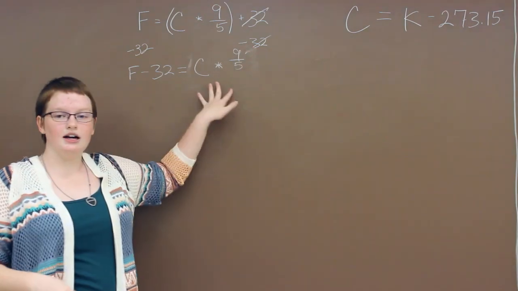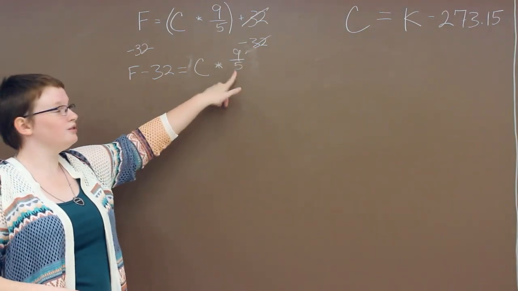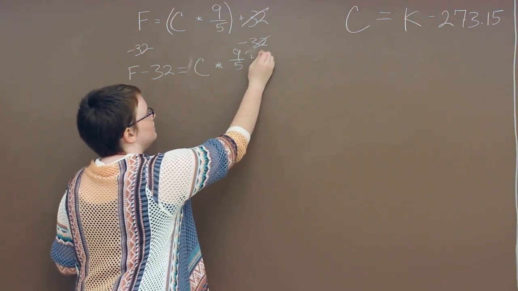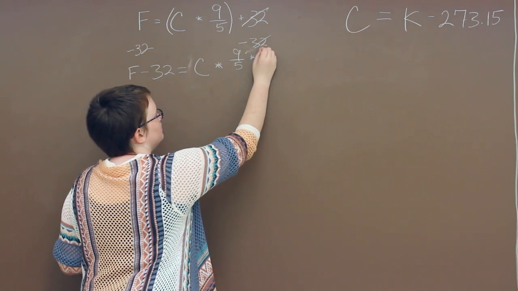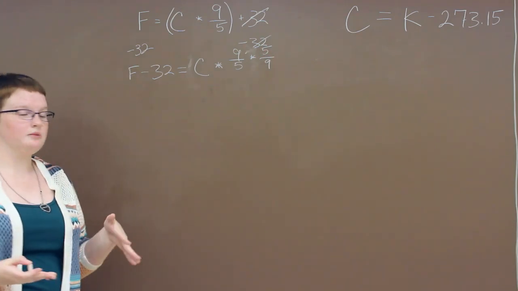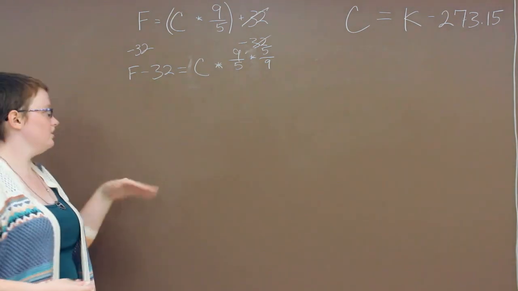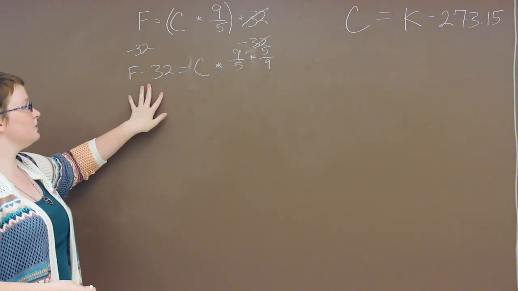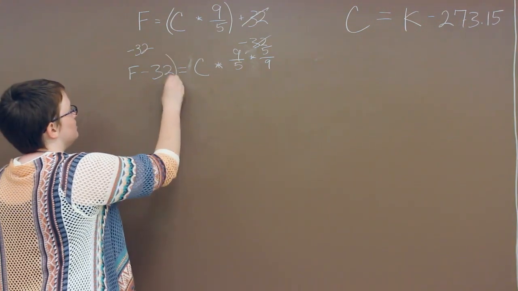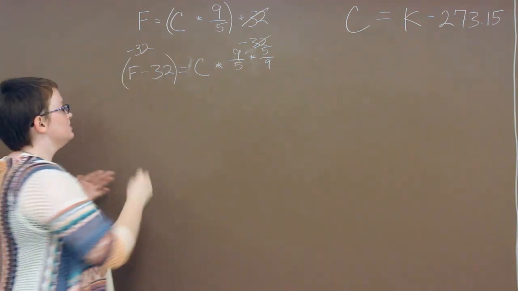Now to get the C on its own, we have to multiply by the reciprocal of 9/5, which is going to be 5/9. When we multiply something on one side, we have to multiply it on the other. So here, we're going to multiply the whole side by 5/9, and it's really important that you make sure you have your parentheses.